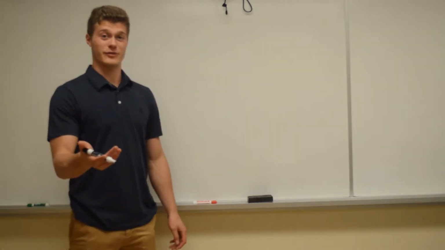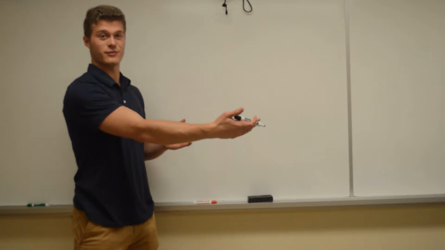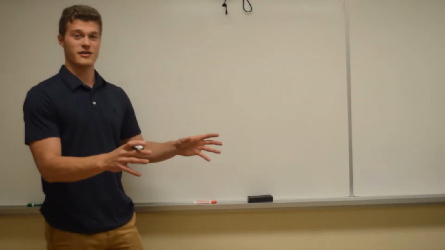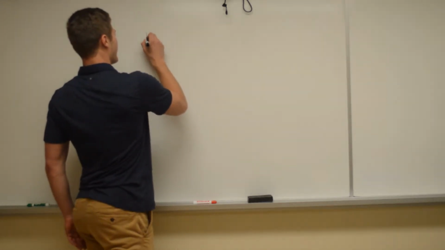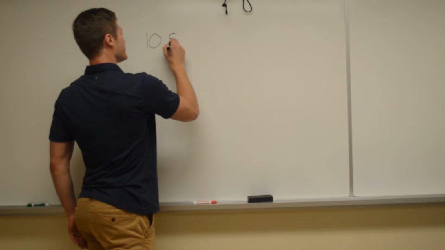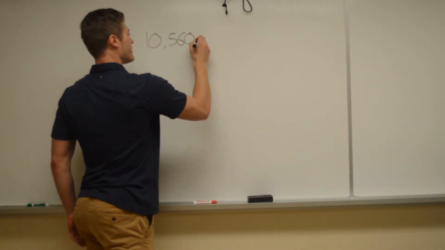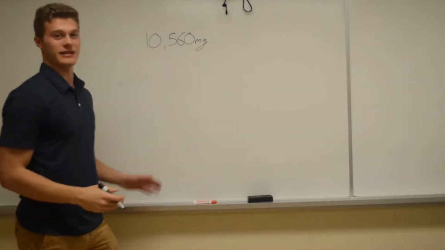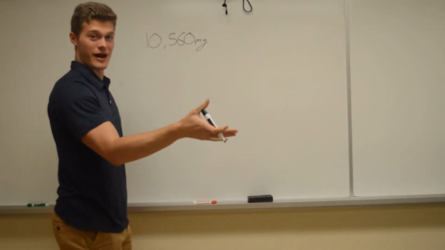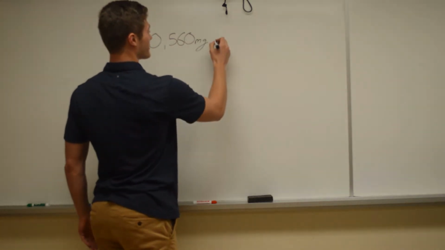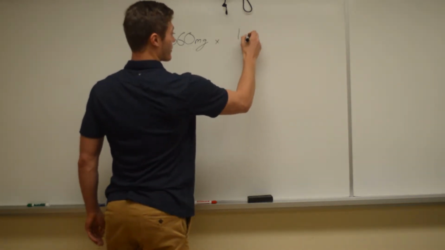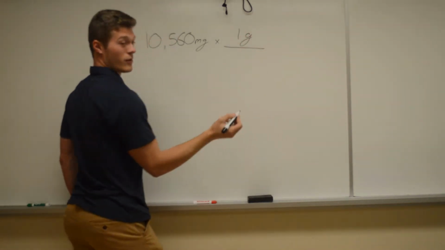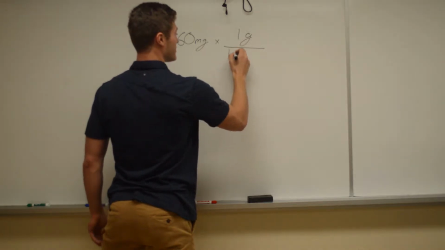Now, the same principle that we just worked through from grams to milligrams works in reverse. So let's say you have a 10,560 milligram sample of fish. That's a really big number, so let's go back to grams. We're going to use the same conversion factor. You know that for every 1 gram, there are 1,000 milligrams.